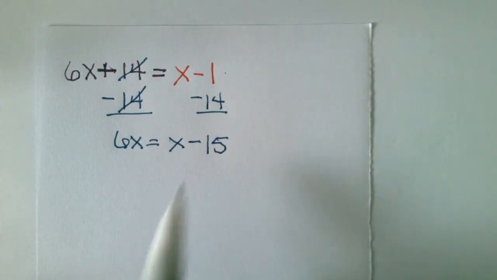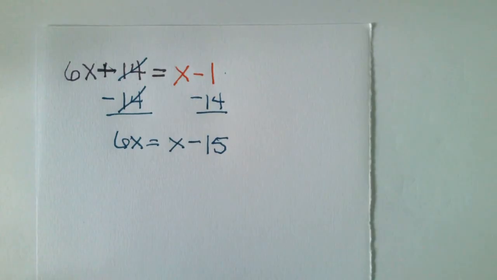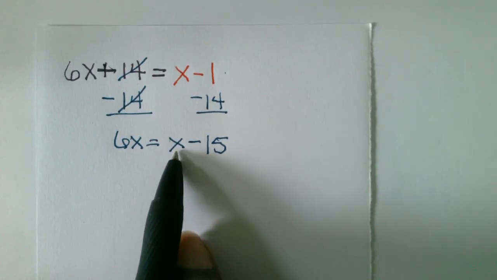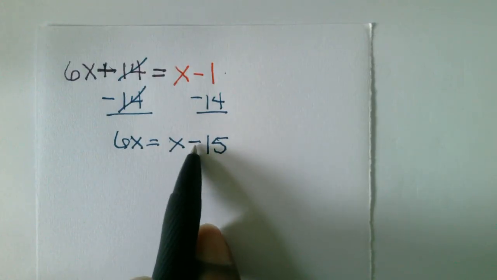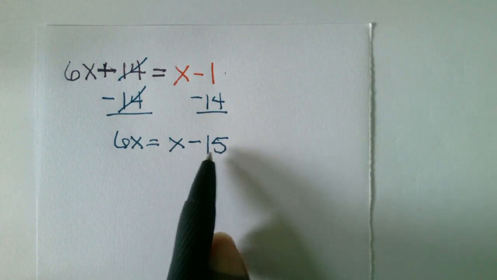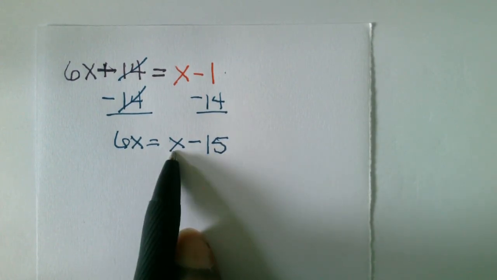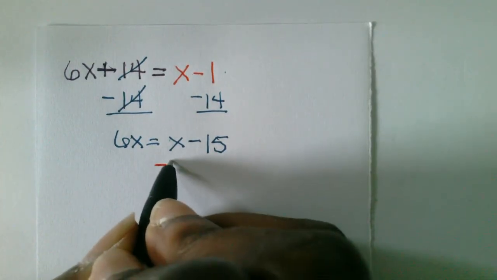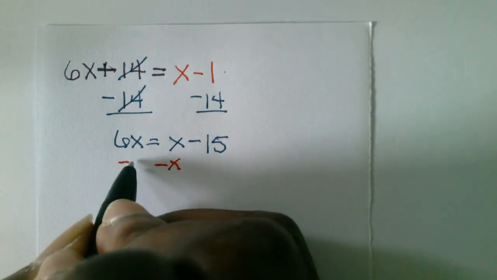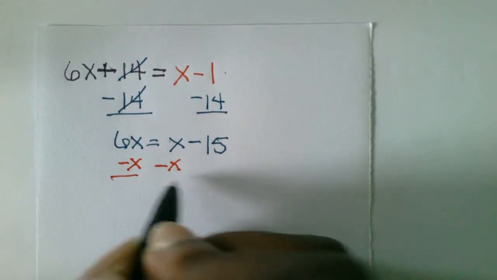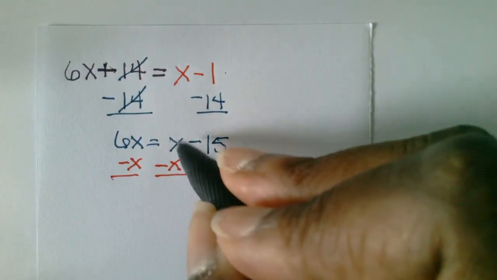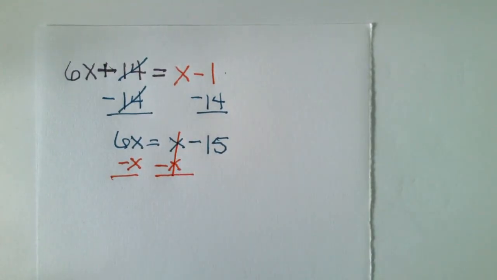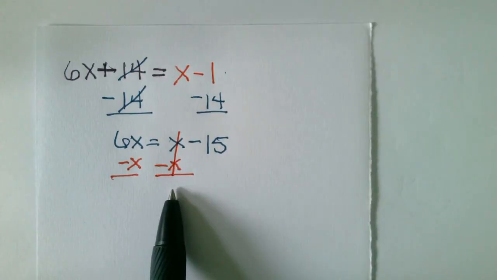Okay? So now we want to move our x. This is another part that gets a lot of people. This minus sign is acting as a negative for the 15, not the x. So that means this is a positive x. So I'm going to subtract x on both sides. Again, these are going to give me 0, not 0x, 0.